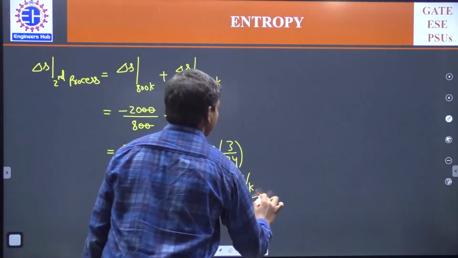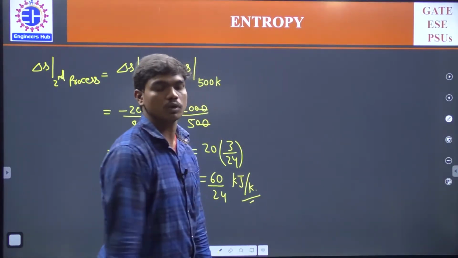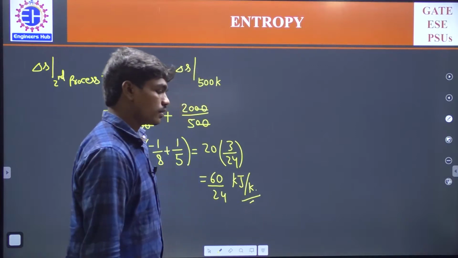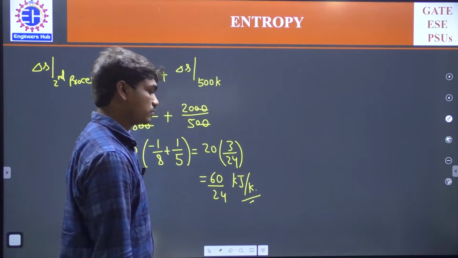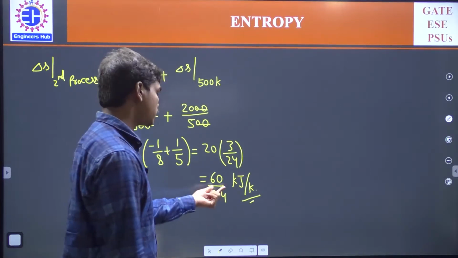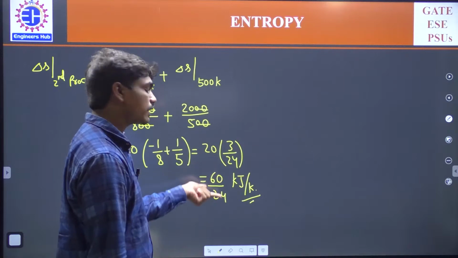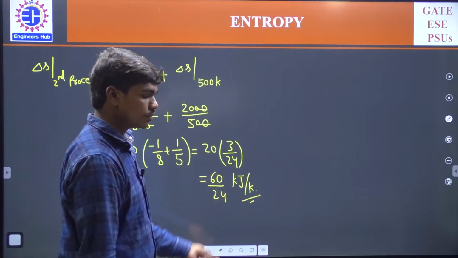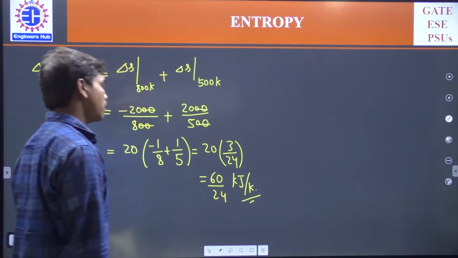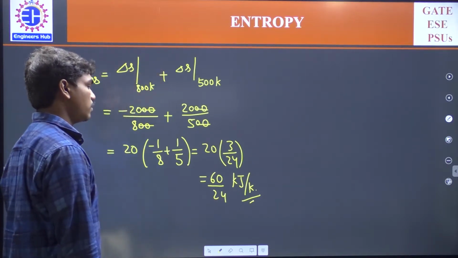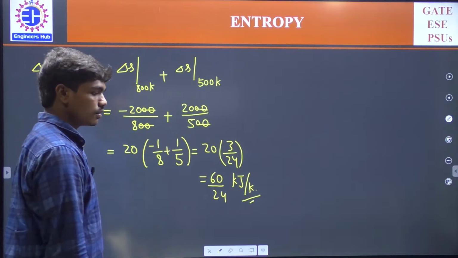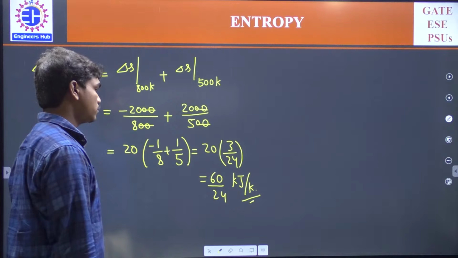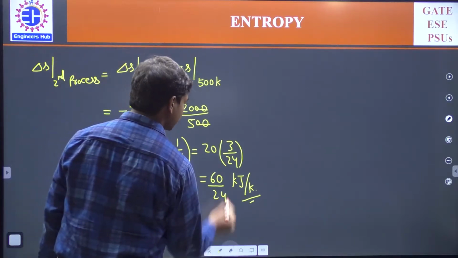Now, out of these two processes, in which process is the entropy change more? Yeah, this is 1.5 basically. If you take the LCM, sorry, this is 40.